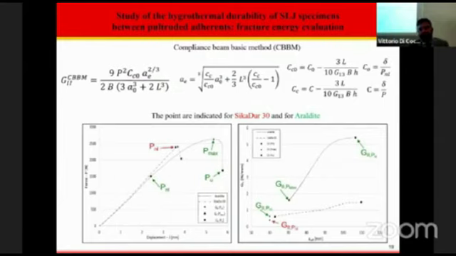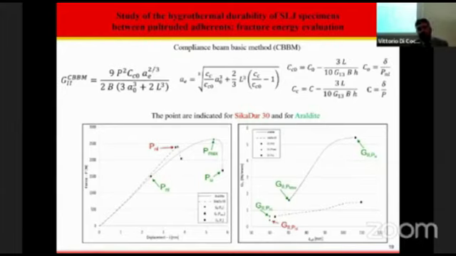We know the most common ones are Pmax and PU. At Pmax, the crack starts to grow. At PU, the crack stops. From this point to this point, we evaluated the resistance curve. We evaluated also in these curves this point, which detects the end of the linear elastic behavior.